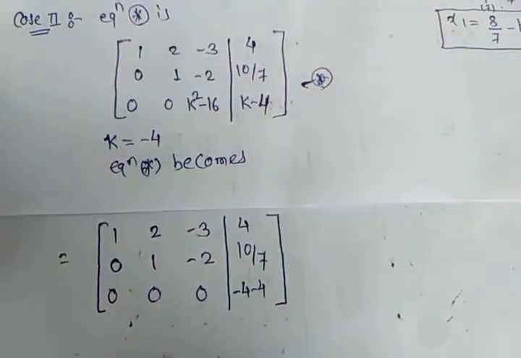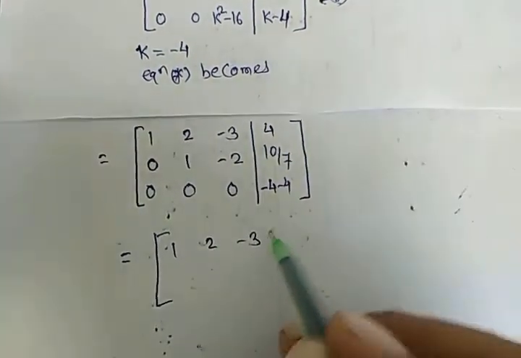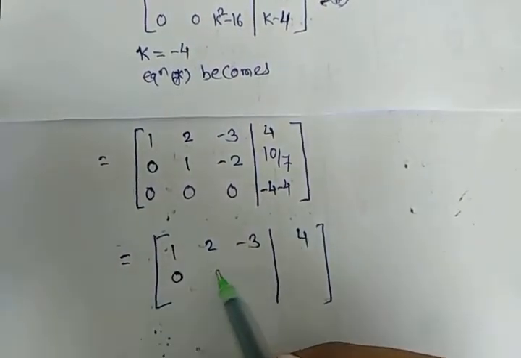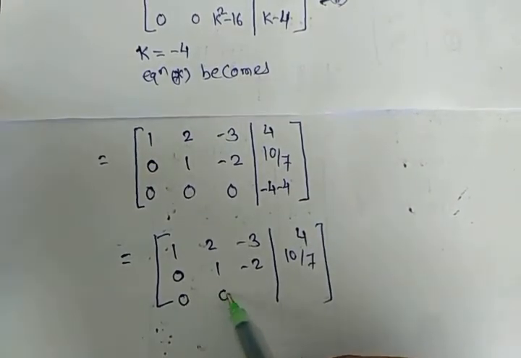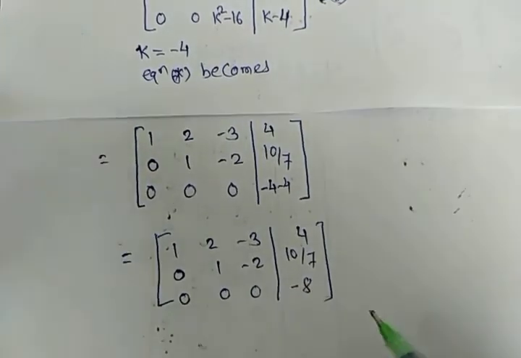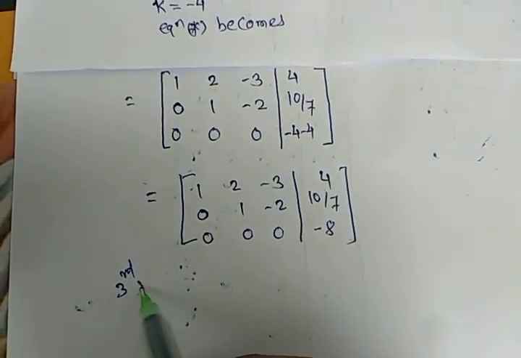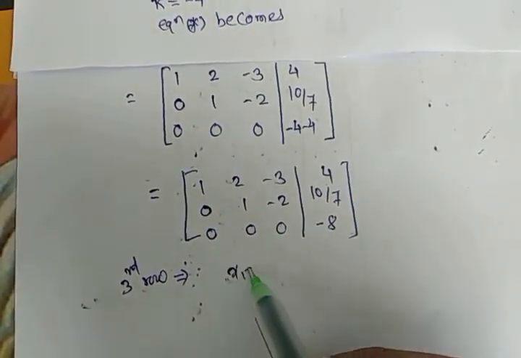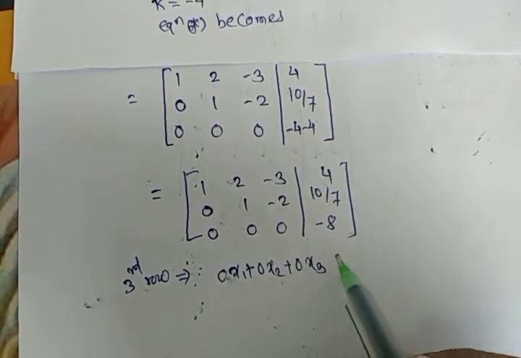Okay, that is we have a system 1 2 minus 3 4 first row, second row 0 1 minus 2 10 upon 7, and third row 0 0 0 minus 8. Now in this, if we consider the third row, here LHS will be 0x1 plus 0x2 plus 0x3 is equal to minus 8.